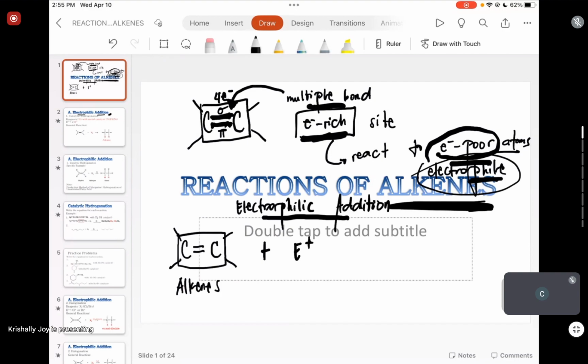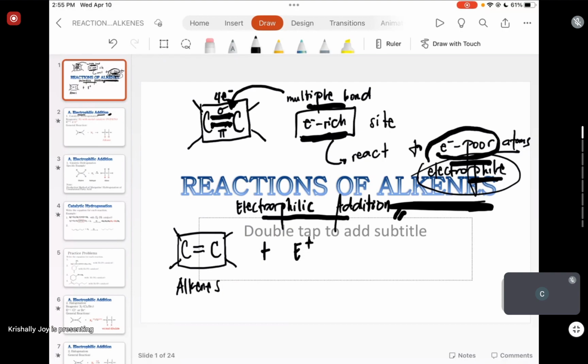So kung ang functional group ng alkenes is carbon to carbon double bond, diha ra gyud mahitabo ang iyang chemical reaction. Tanan klase nga electrophilic addition nga reaction, diha ra gyud mahitabo sa iyahang functional group.